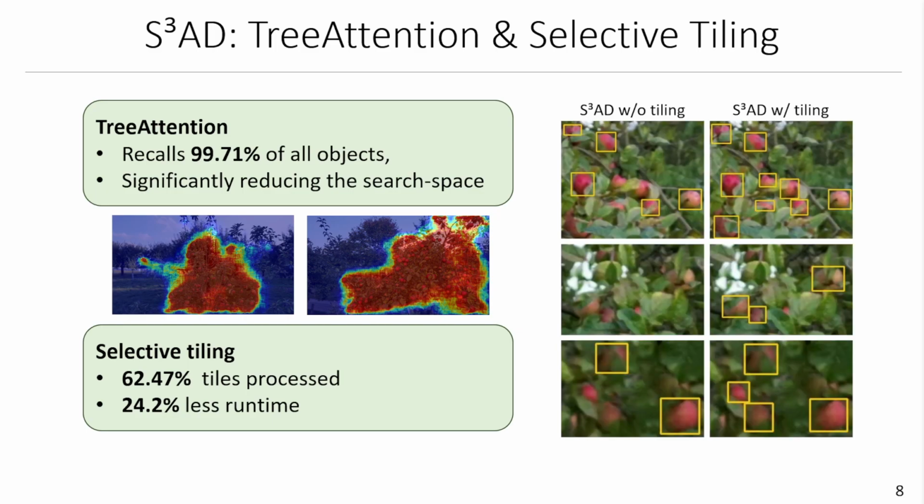If we compare the results of S3AD with and without tiling qualitatively, the comparison suggests that even though selective tiling does not contribute to the overall performance as much as semi-supervision, it is still an important system component for the detection of edge cases that are either extremely small or occluded.